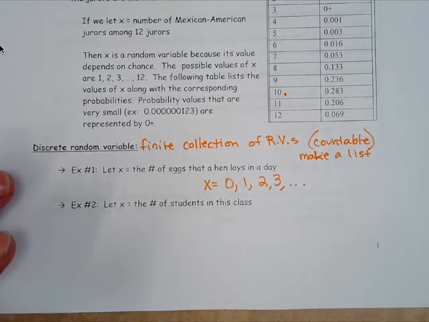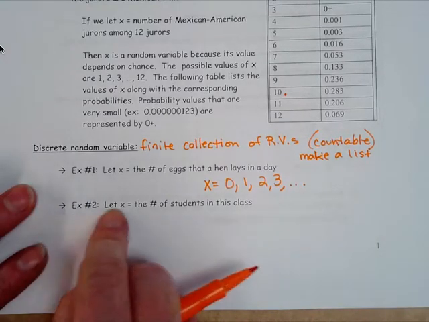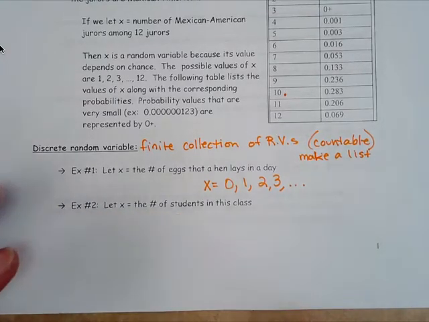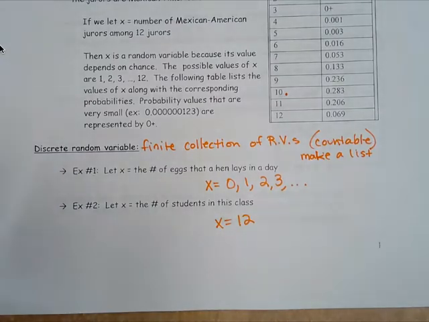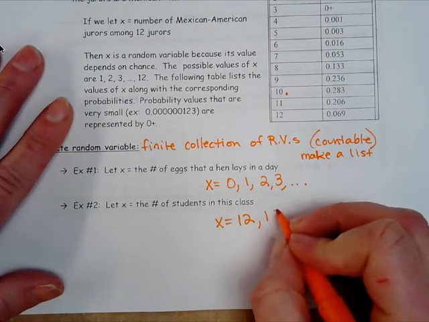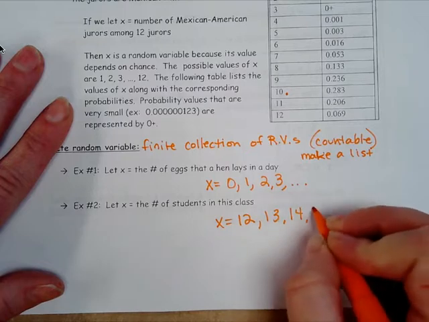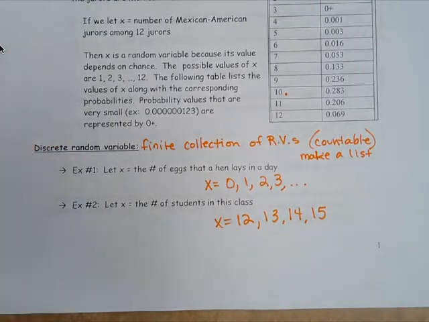Whenever it's discrete, you can make a list of all possible outcomes. Example 2, let X be the number of students in this class. So right now there are 12 in this class, but if everyone was here, or if there were more people that were supposed to be here, it'd be like that. We could count. We could make a list. I could look at the roster and count everyone.